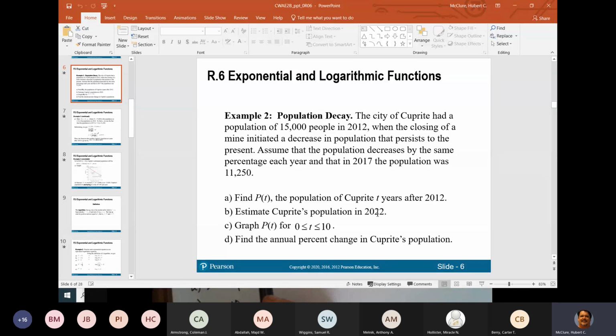So that's between 2012, C, graph 2012 through 2022, and find the annual percentage change. Okay, that's just draw a straight line between the two, and we'll do that. D, find rate of change, annual percent change.